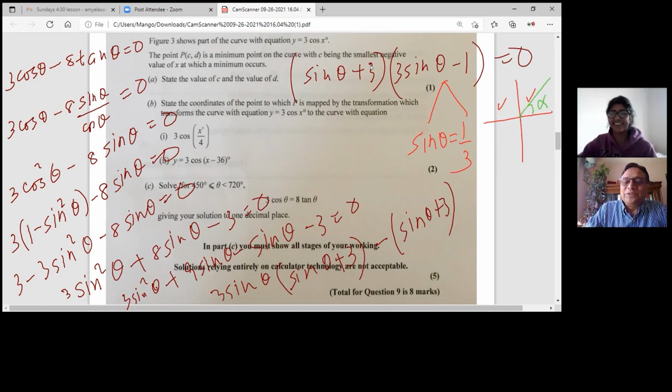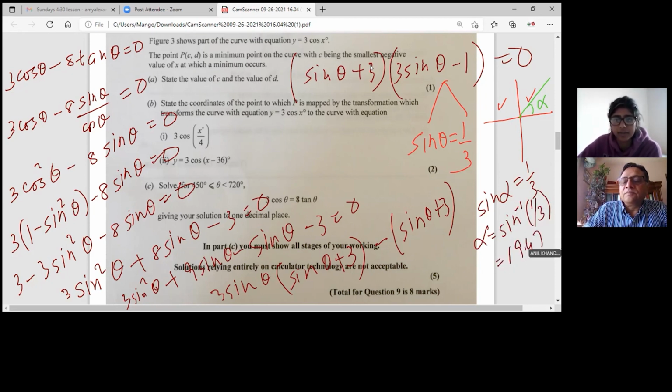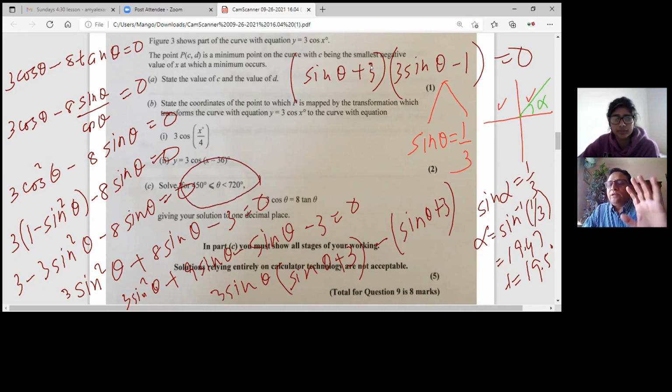So sine alpha is equal to 1/3, so alpha is sine inverse of 1/3, which is 19.47, so 19.5 degrees is the angle alpha. But remember, we are working in a domain from 450 to 720, so we'll look into this also. But first, let's find the related acute angle.